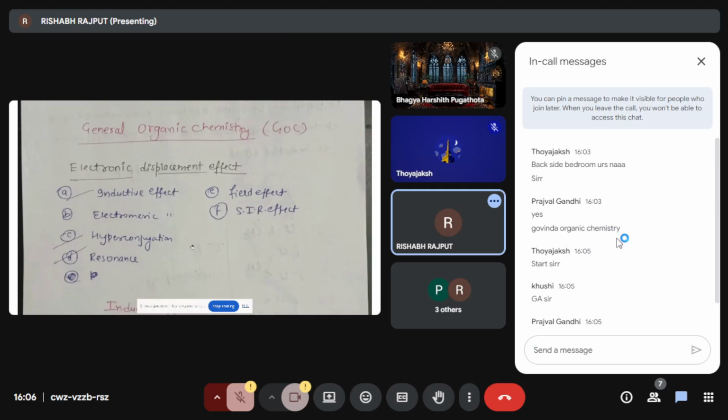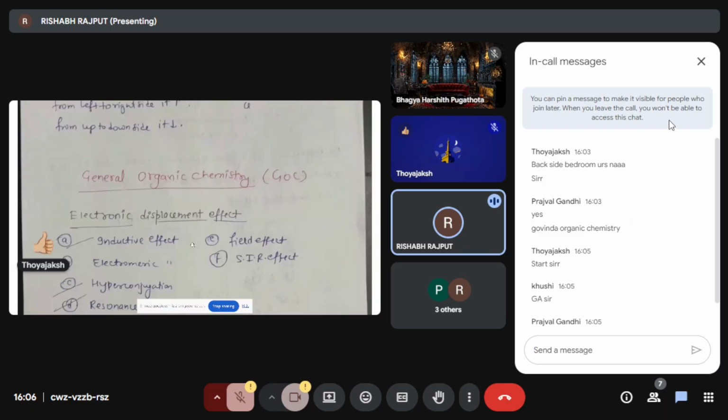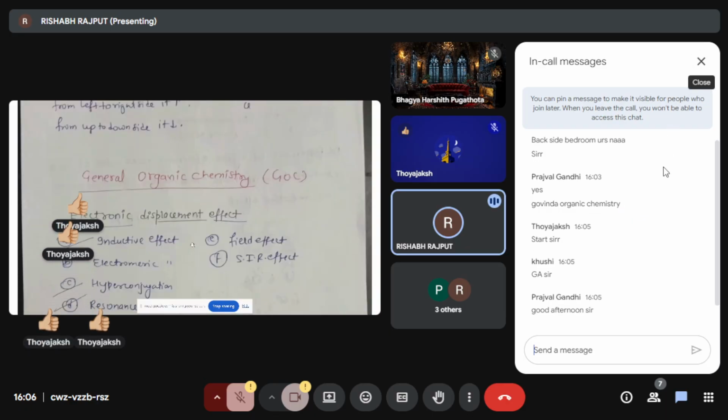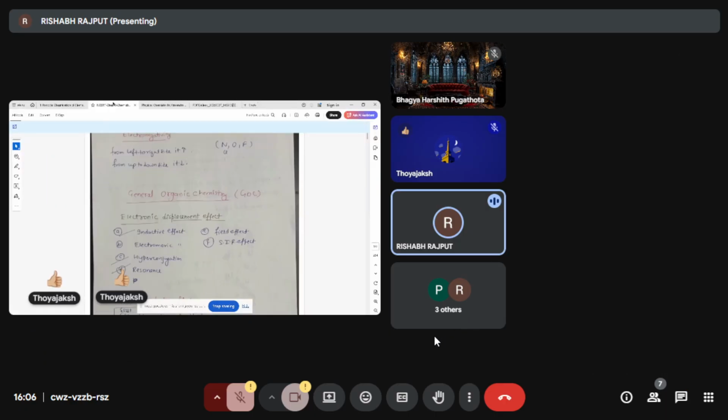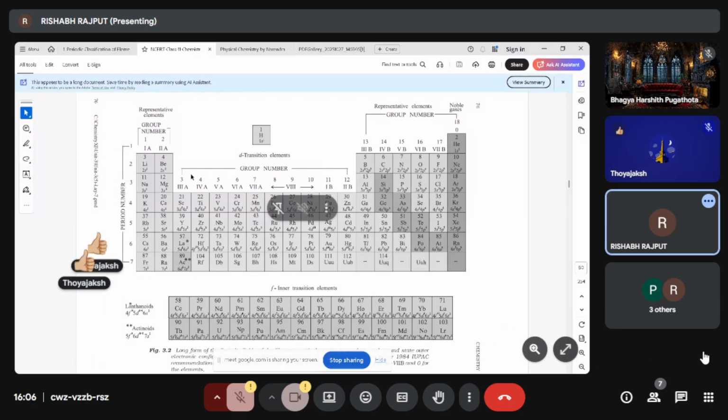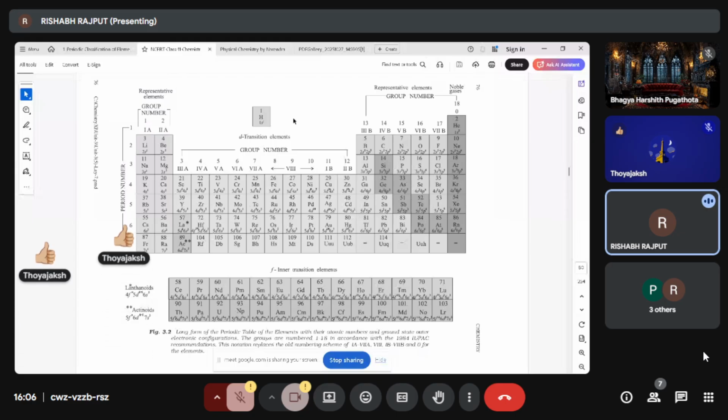Before starting the inductive effect, I will show you something. Guys, it is a periodic table. In this periodic table, if you go from left to right side, you can observe that electronegativity will increase.